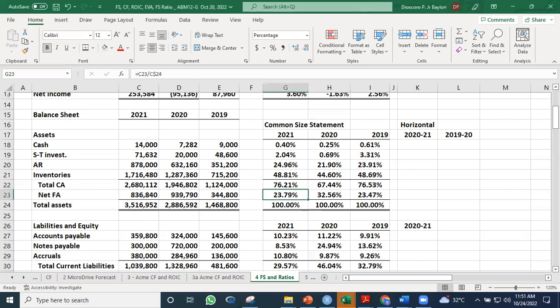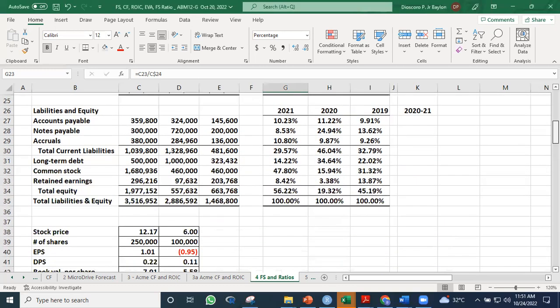So ganun din dito, class, sa liabilities and equity. Ilang percent dito ang utang? So ang long-term debt natin 14%. Kamusta sa industry?